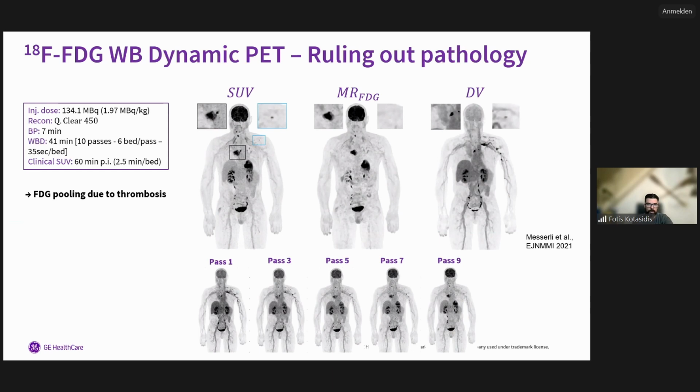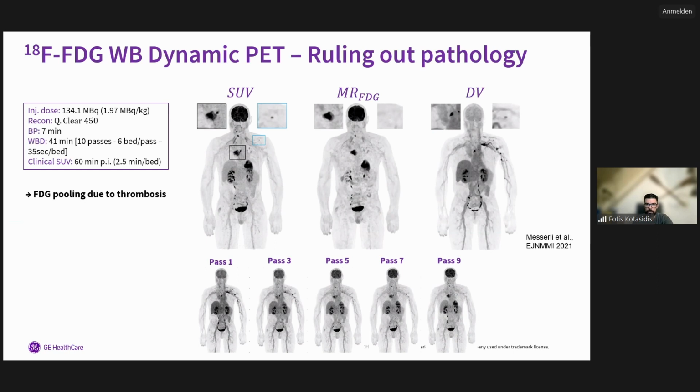In this case, similar to the previous speaker, it was FDG pooling due to clotting, due to thrombosis, which you can see on the SUV on the zoomed blue frame, but you don't really see it on the metabolic rate image, even though you see it on the volume distribution image.